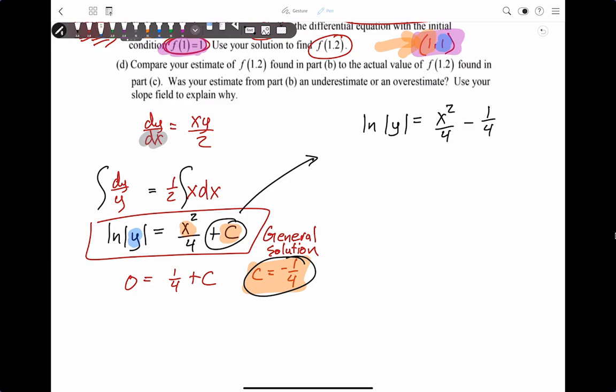Now we just have to find this as far as getting y by itself. So we're going to apply a base of e to both pieces. Remember that this is my exponent, and this is now my exponent. And rules from Algebra 2, exponential rules, again, we know that x squared times x cubed is adding the exponents, 2 plus 3.